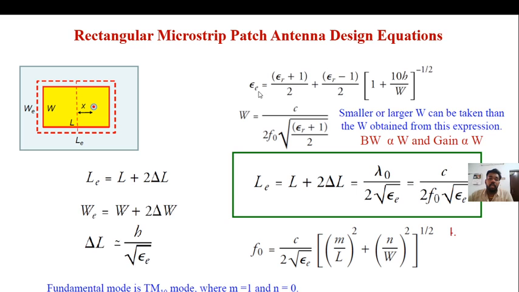By solving this you can find out the epsilon e, and then you can find out Le and We by calculating the delta L. So this is the equation by which the rectangular microstrip patch antenna can be designed. The fundamental mode will be equal to the TM10 mode.